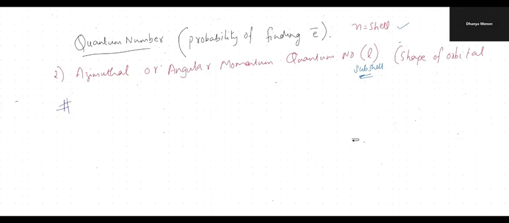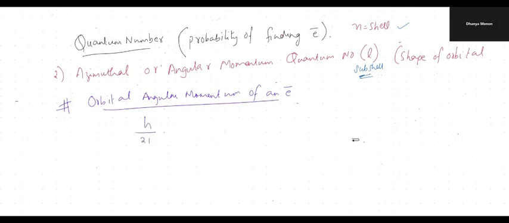Now, the orbital angular momentum of an electron, which is very important. Sometimes they ask, is given by the formula h by 2 pi, you know, the h is the Planck's constant, root of L plus 1.